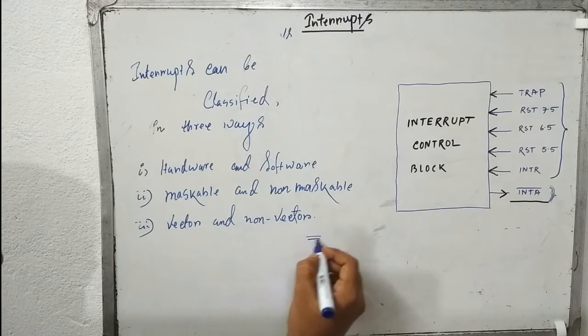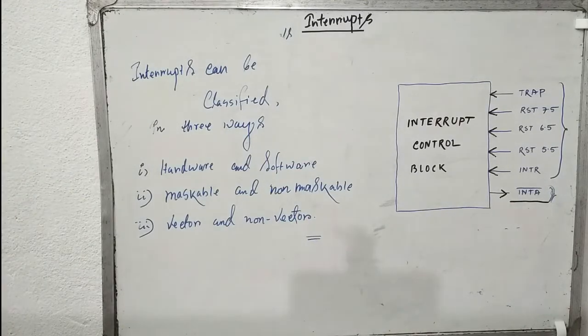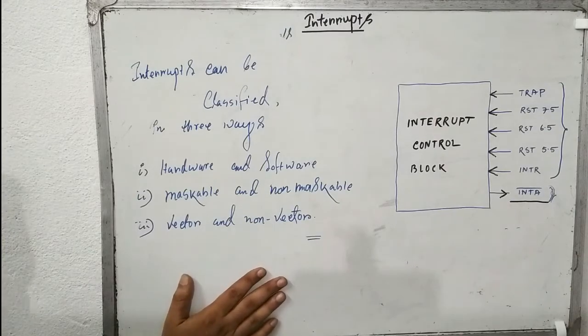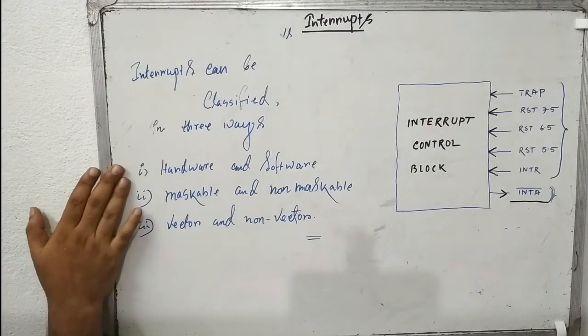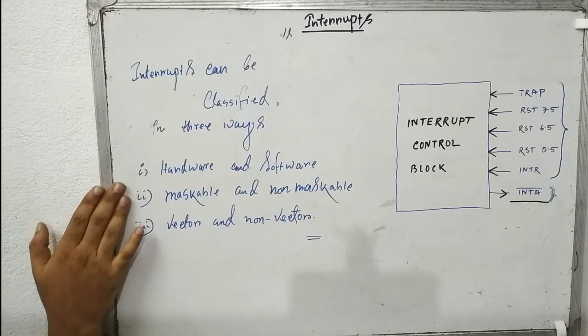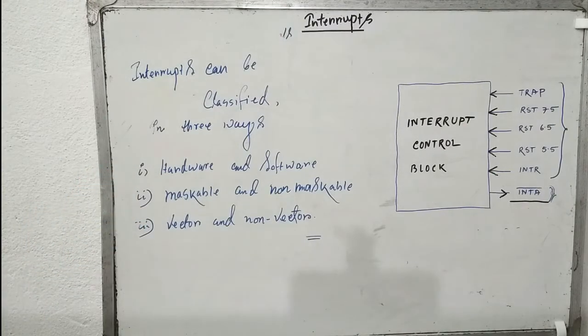So these are the three ways we can classify the interrupts: hardware, software, maskable, non-maskable, and vector, non-vector. Now let's start the discussion one by one. First we will discuss the hardware and software interrupts.